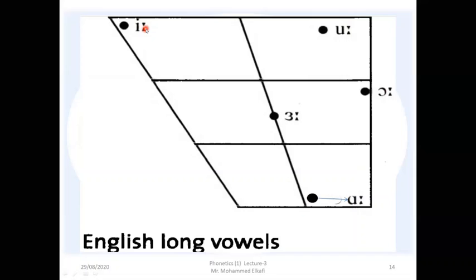You can count them: 1, 2, 3, 4, and 5. But the short vowels are 7.